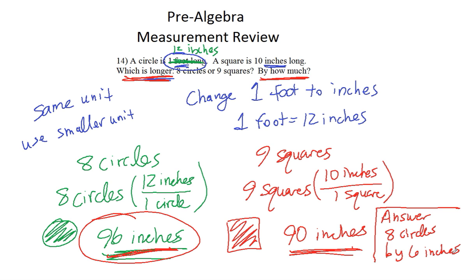In case you're wondering, if I had more difficult numbers, I can simply subtract: 96 minus 90 gives me 6 inches. So there's my final answer: the 8 circles are longer by a total of 6 inches. Or in feet, that would be exactly one half of a foot, 0.5 feet.